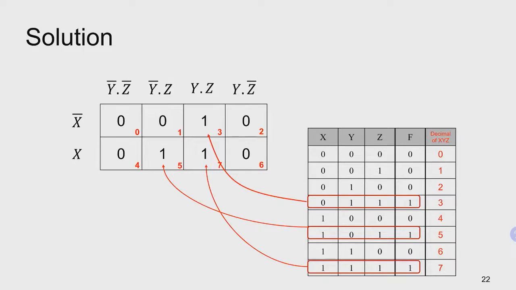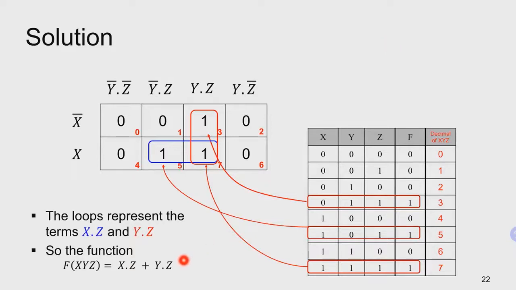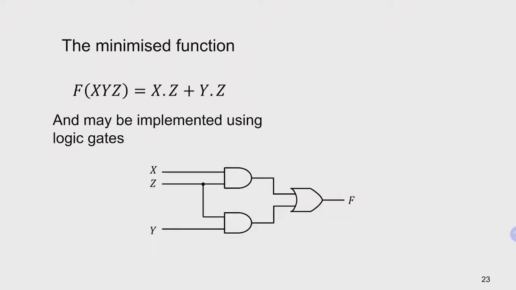And then you want to loop it, identify groups of 1s, and then find the prime implicants of the loops, and then derive the minimized functions from the K-map. And then implement this circuit using your normal gates or basic gates that we learned about earlier.